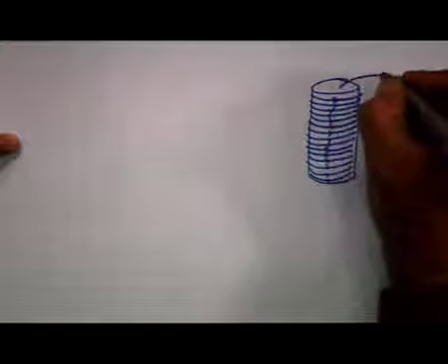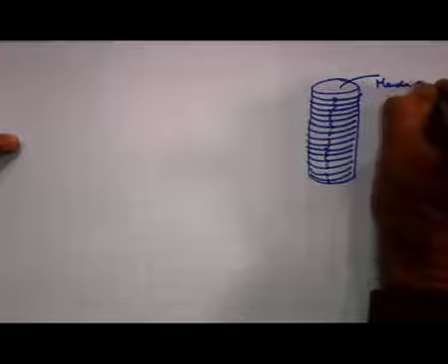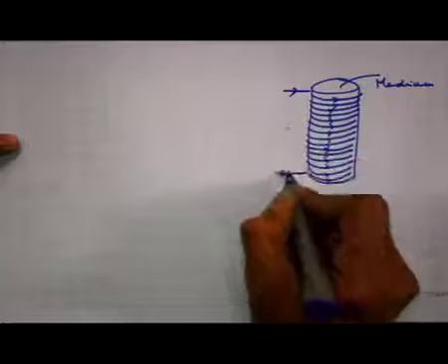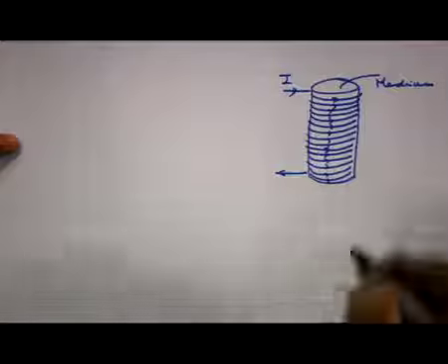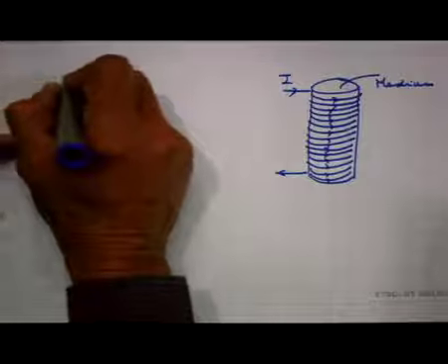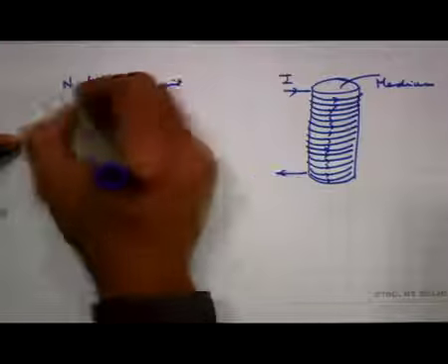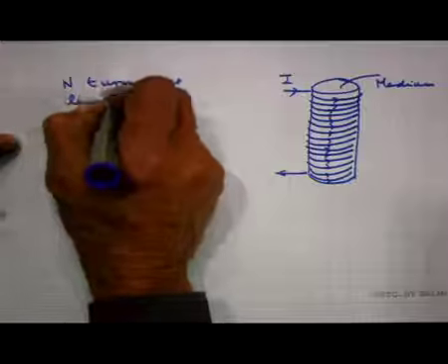So, this is the medium. I have a current flowing in like this and flowing out like this. So, a solenoid with N turns per unit length, carrying current I.